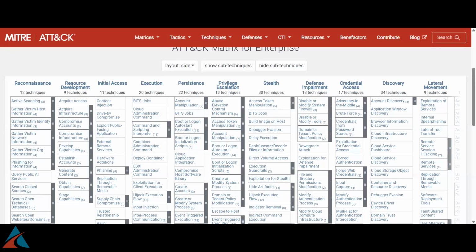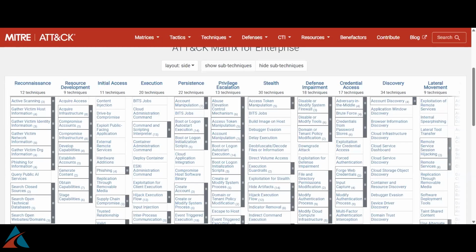Now, what are these things? Reconnaissance, resource development, initial access. These are tactics. This is one of the most important pages you will see. It displays tactics as columns and techniques as rows.